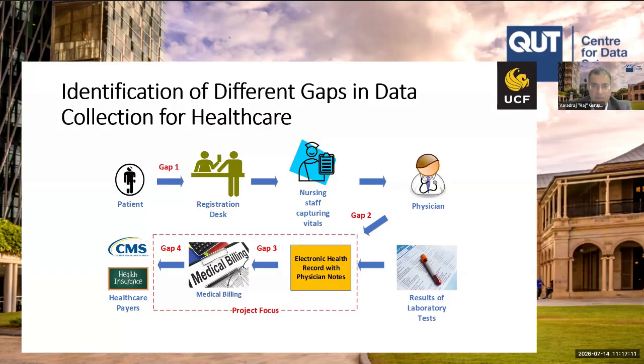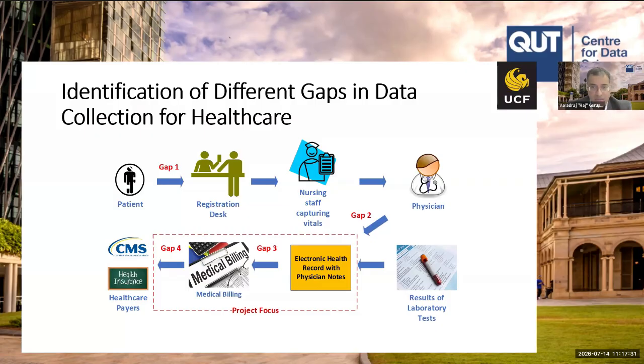So we identified there could potentially be 4 gaps. First, where the patient is identified at the registration desk. If there's a communication problem, there could be the first line of incompleteness coming in, like a surname missing or a first name missing.